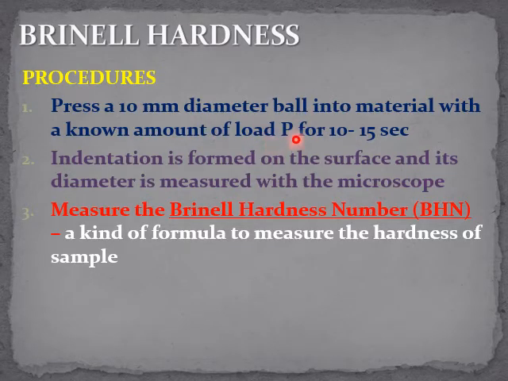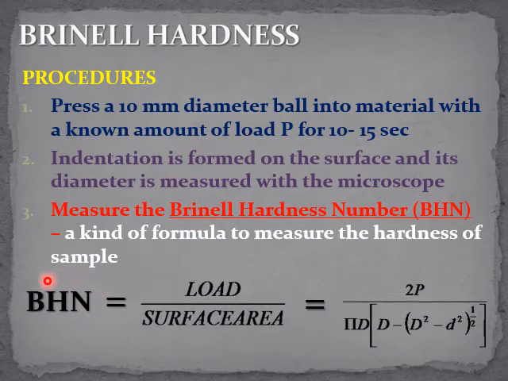Knowing the load, capital P, and the diameter of the indenter steel ball, capital D, and measuring the diameter of the indentation formed on the surface with the help of a microscope, a formula is applied to measure the hardness of the sample, called the Brinell hardness number.